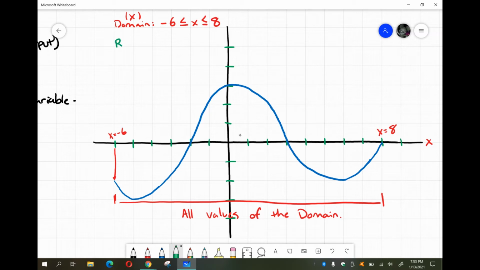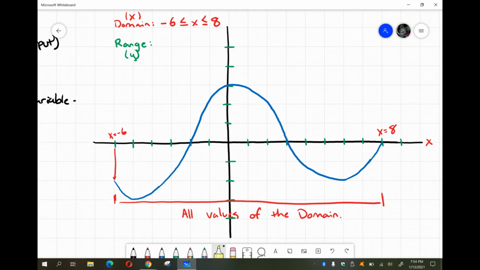The range, which is all possible values of y, could be thought of as saying, for any value of y, where can you still go left or right and hit the curve? The values of the domain from -6 to +8 will give us what values of y.